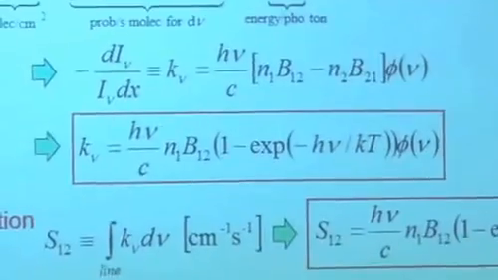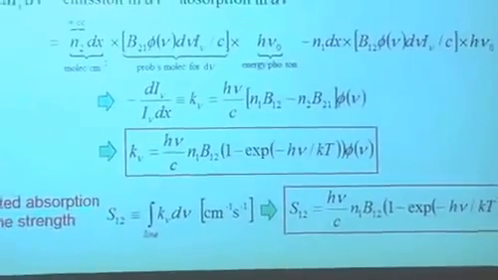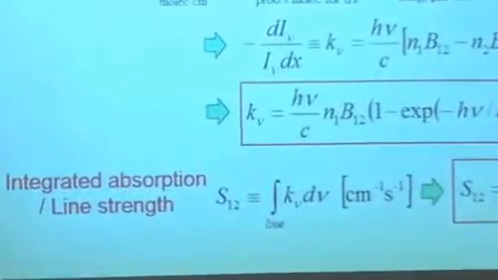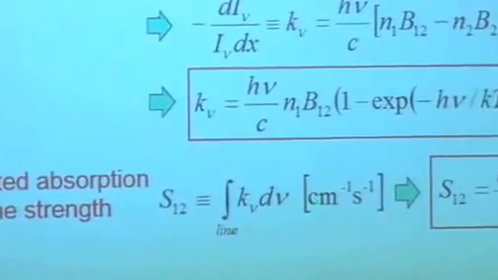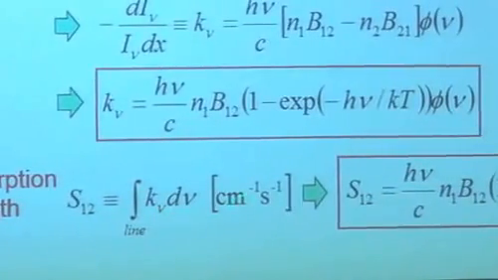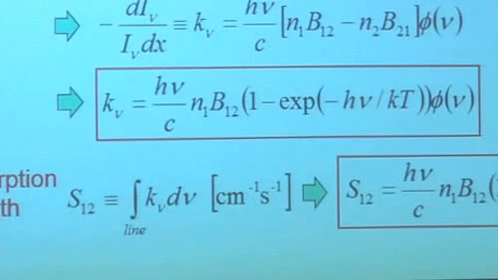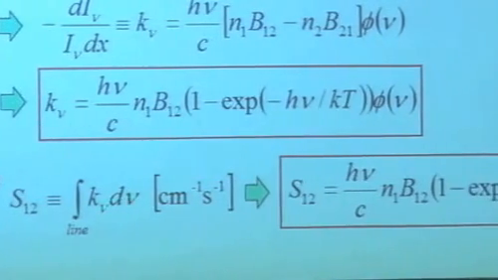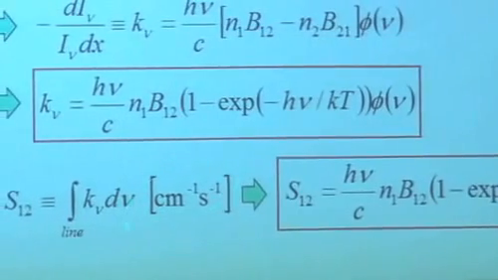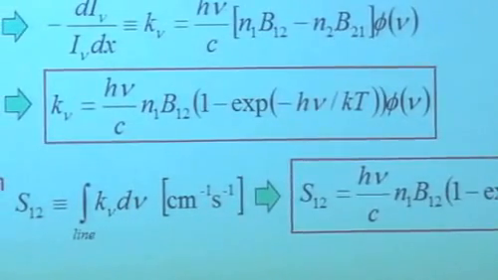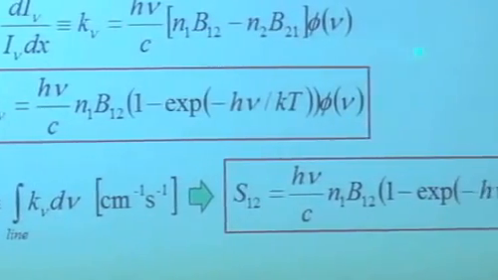And if I integrate this, if I define as the line strength the integral of k nu d nu, which now has units like this. I have units of centimeters to the minus 1 here for k, and the units of frequency are seconds to the minus 1. So this line strength has these units. And if I integrate it out, I get rid of the line shape function.